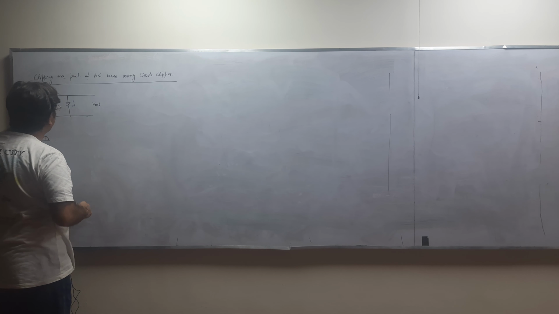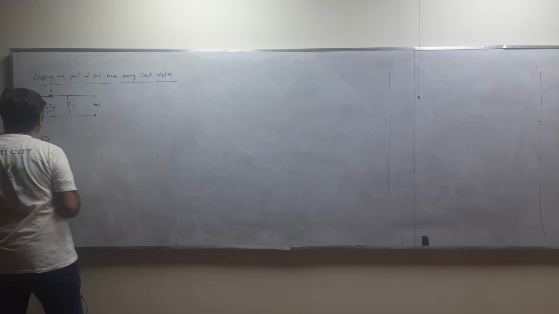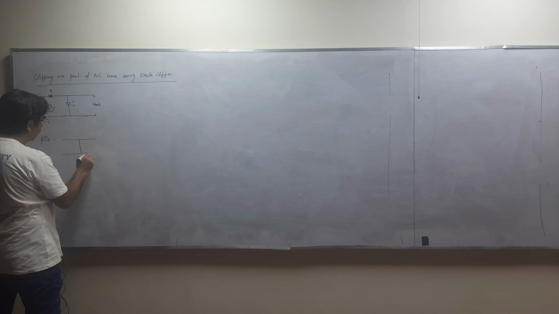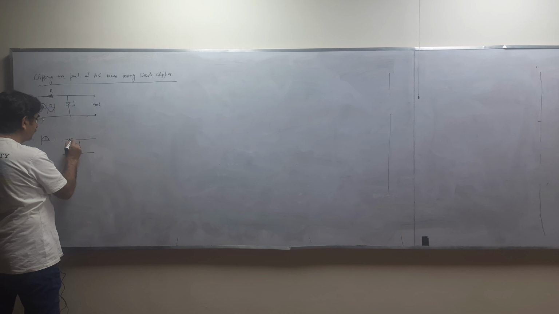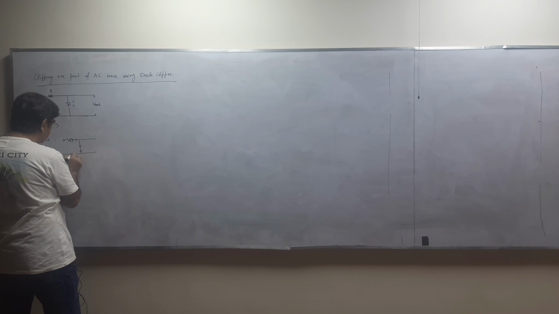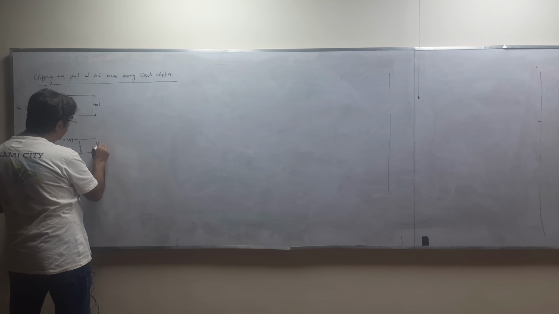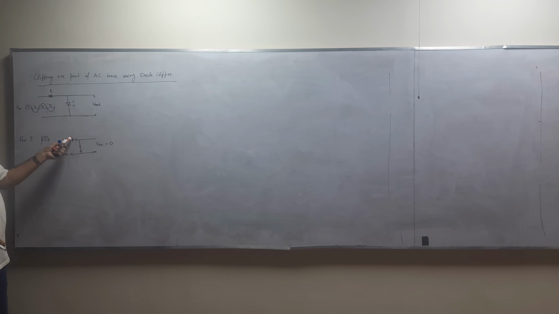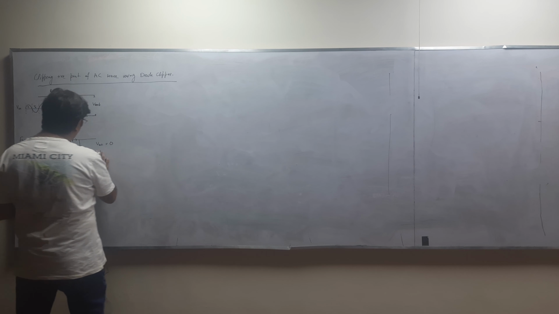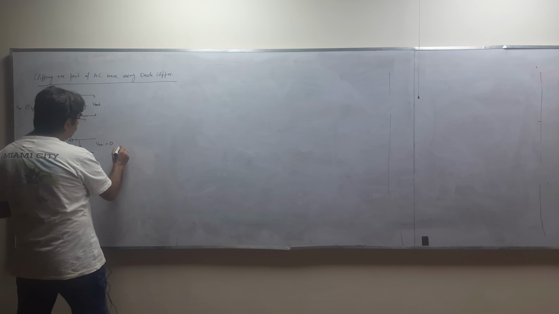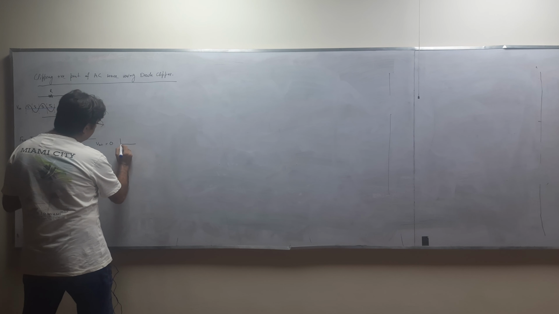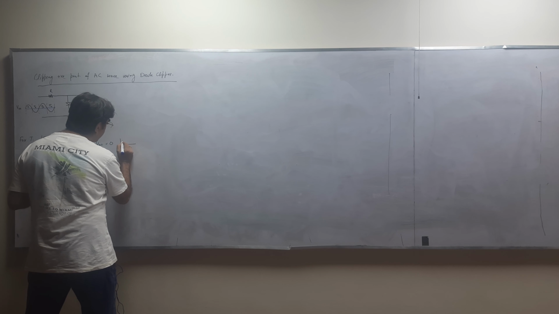For the positive part, the circuit will be forward biased, so all the voltage will be dropped across the diode. At the output, V out will be 0, because no voltage will be dropped across the resistor. So the output curve will be like this for T1.